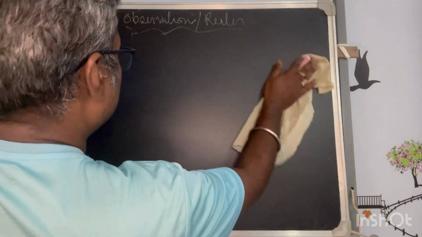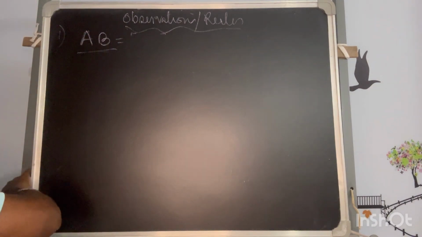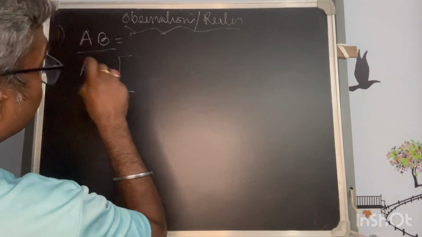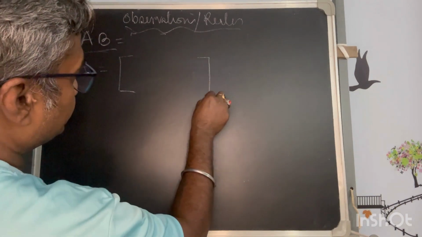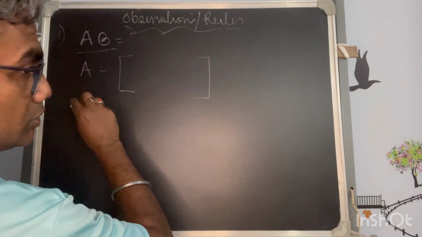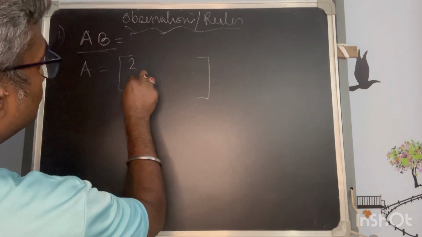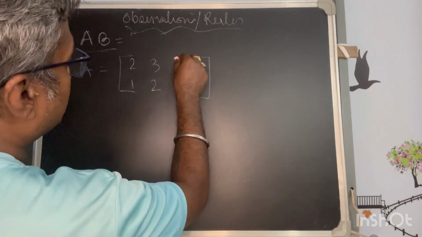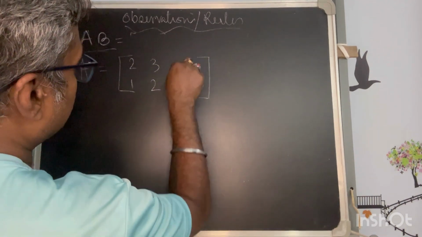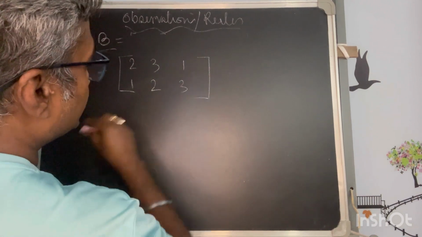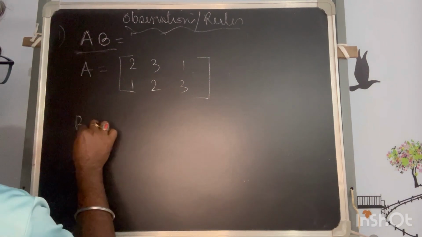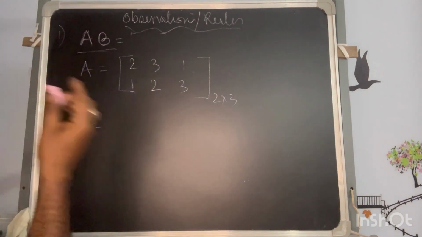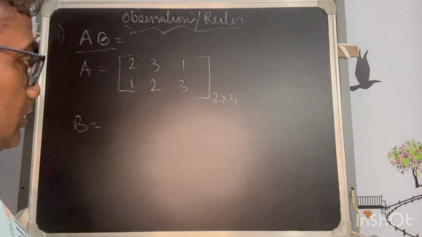If I take a practical example to prove it, I will go with 2 by 3, the lowest one. Let me take A of order 2 by 3, 2 rows and 3 columns, so 2 1 3 and 2 and 3, not going to very high values, and B is also 2 cross 3. Now practically I will show where it's not possible.